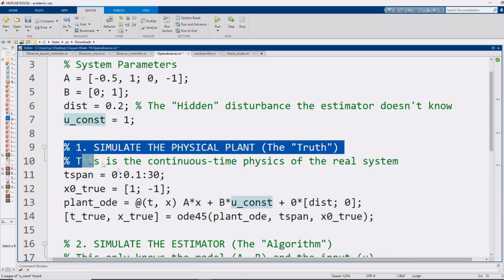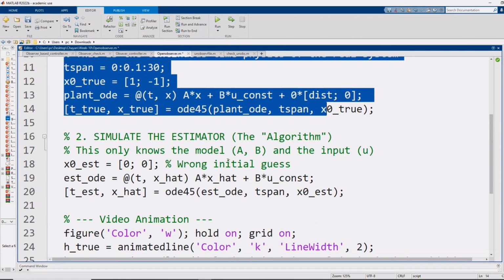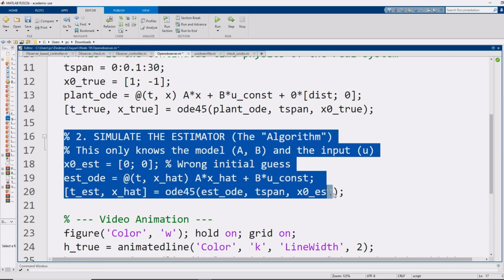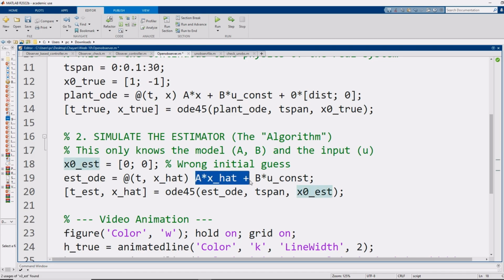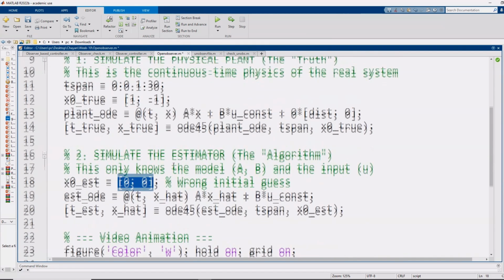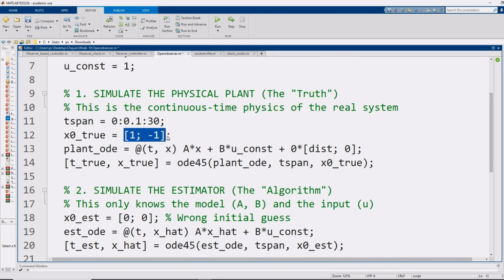This is the actual system, the actual plant, and I have also created an estimator by the algorithm that I have just now shown, where I am simulating A x hat plus Bu, with the initial conditions assumed to be 0. The actual system has, suppose, initial condition 1, minus 1. This is not known to me.